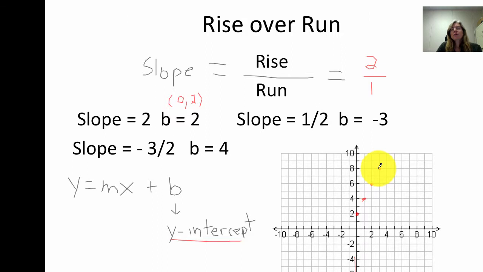Now, remember, if you have a negative 2 over a negative 1, that is the same thing as positive 2 over positive 1, because a negative divided by a negative is a positive. So we can go the opposite direction, exactly the opposite.